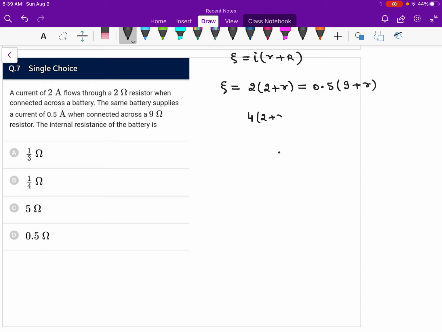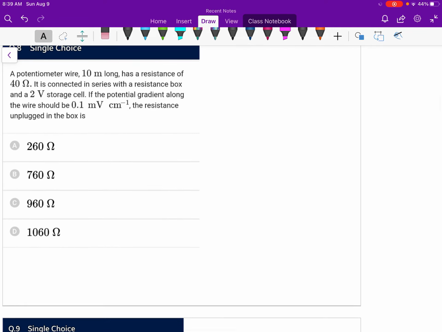So that is 4 plus 2r equals 9 plus r... that is 8 minus 9, and 3r equals 1. So r is 1 by 3 ohm. So A is the correct option.